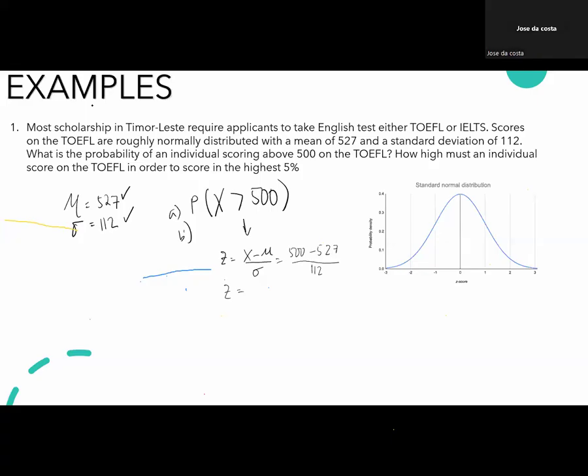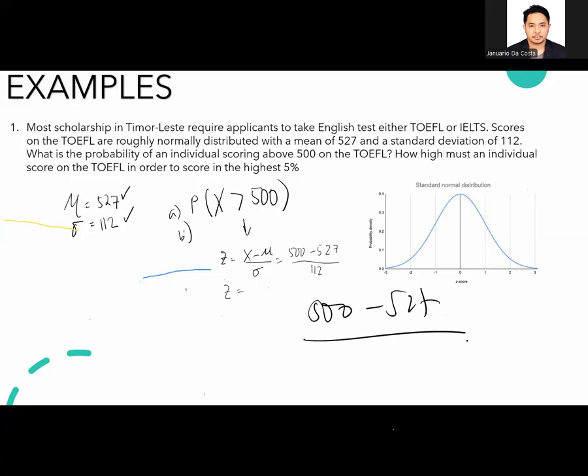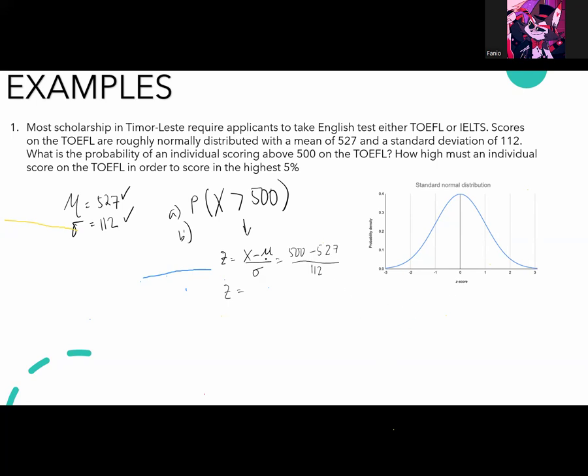Now I'm confused. It is 500 minus 527, divided by 112. I was looking at the question above, teacher. I wasn't looking at the one below.